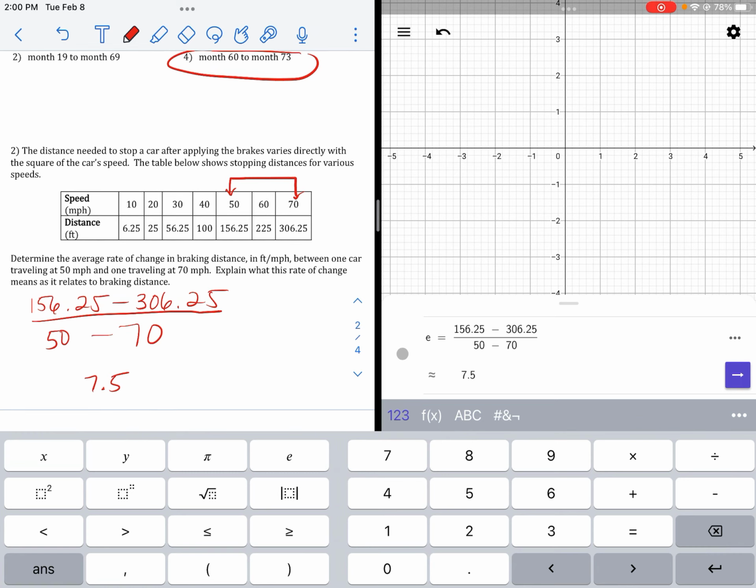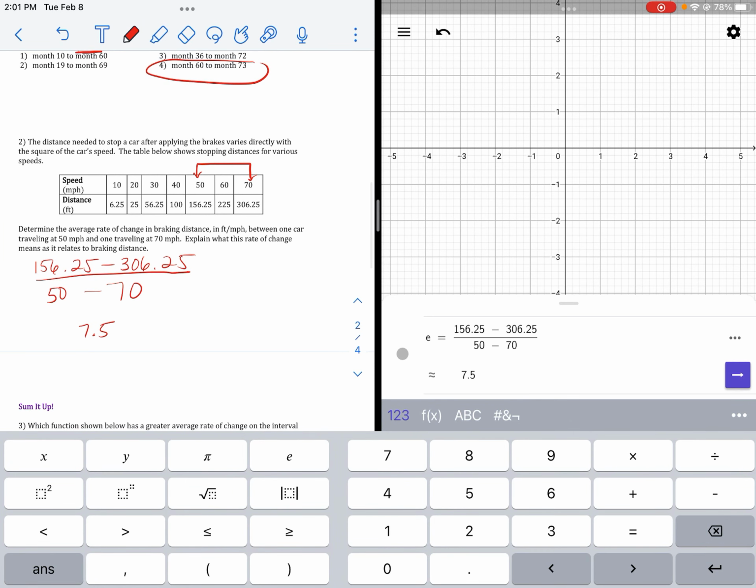So what this means is that the average rate of change is, there is an increase of an average of 7.5 feet per mile per hour the speed increases.